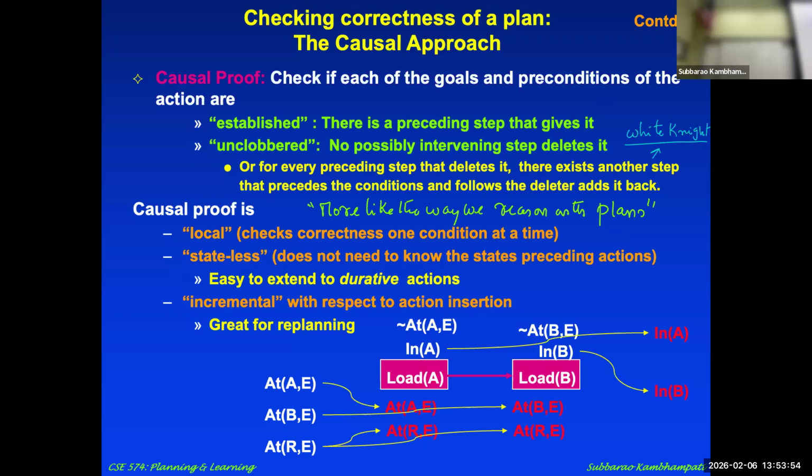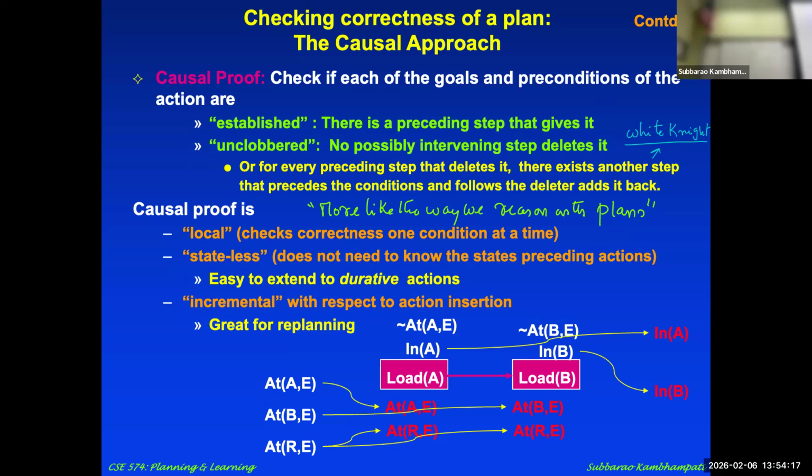For normal steps, this step will give you in B and not at B, but it requires at B and at R before it. Only if these are given will it do this. If they are not given, you can't actually execute that step. That basically means runtime error. You can't actually make the plan go. You guys see what I'm saying, right?